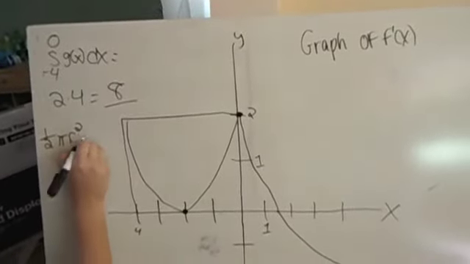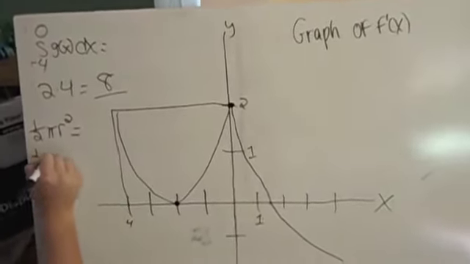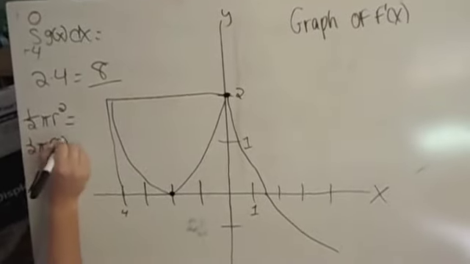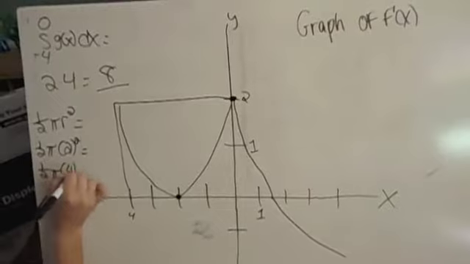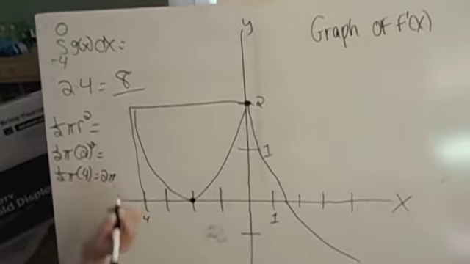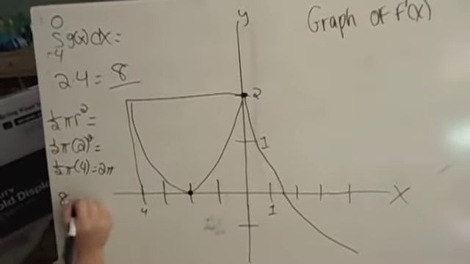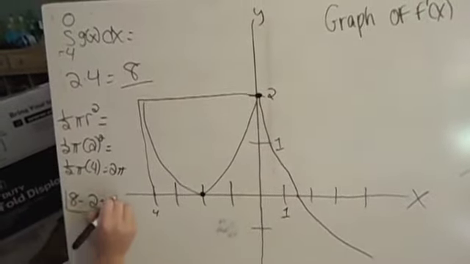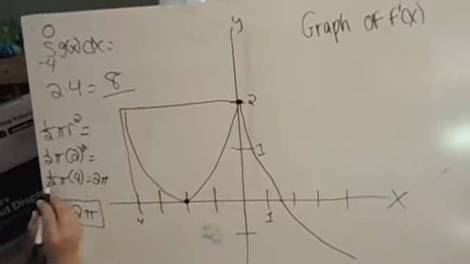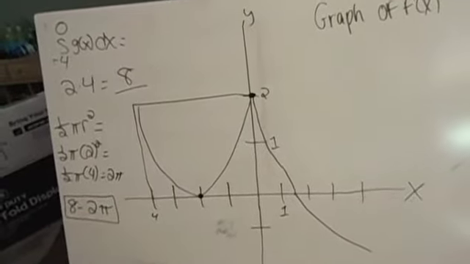So you get 1/2 pi r squared. The radius in this case would be 2, because the diameter would be 4. And when you plug in 2 for the radius, you get the area to be 2 pi for the semicircle. And you have to subtract the area of the semicircle from the area of the rectangle.